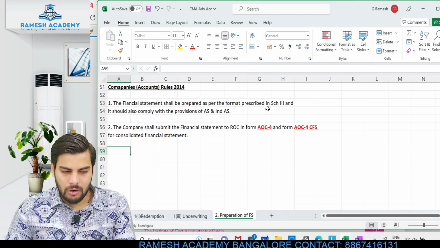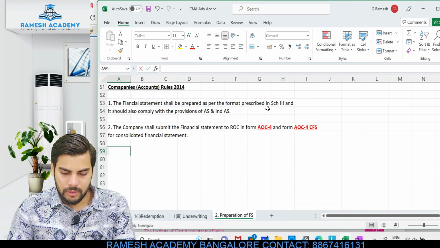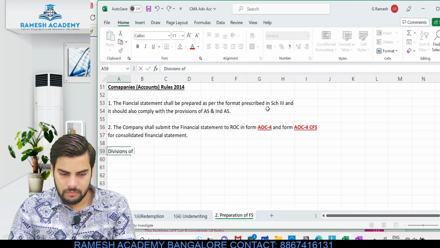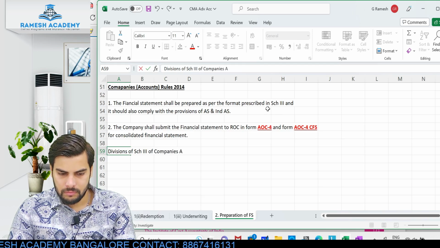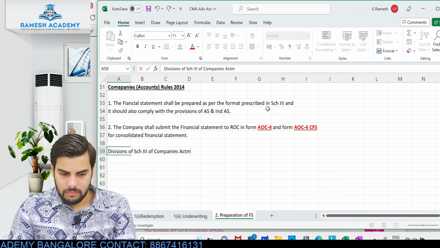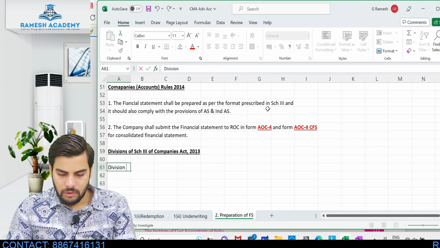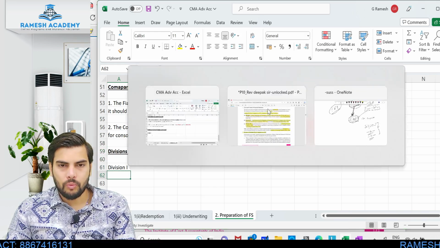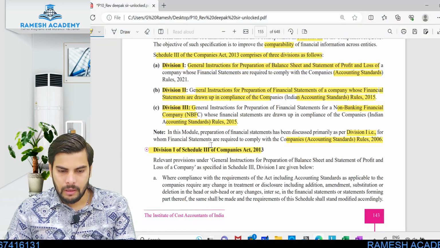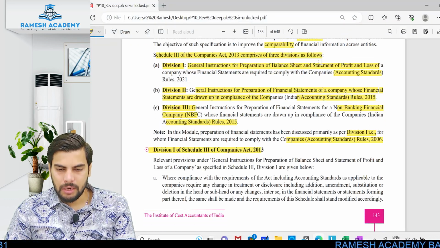I'll just write this, not much important again from an examination perspective. So we got Division 1. Division 1 talks about what? Look at this. General instructions for preparation of balance sheet and P&L account of companies whose financial statements are required to comply with the company's accounting standard rules.